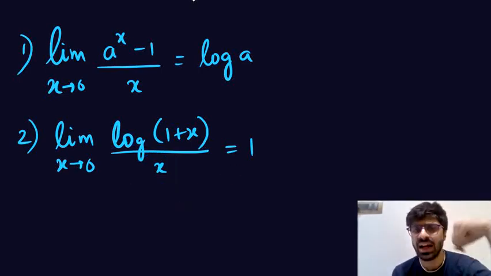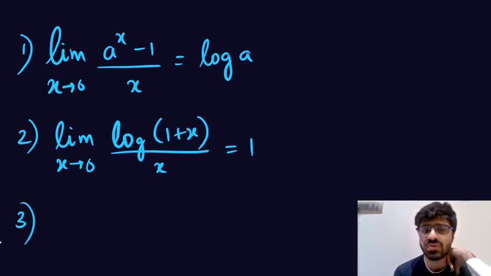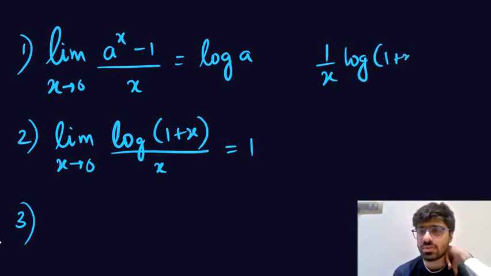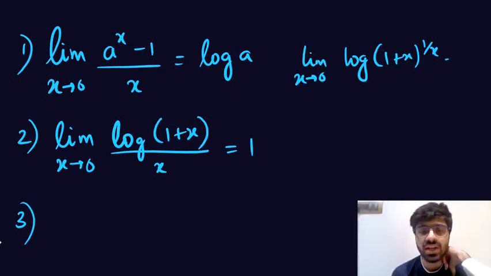That's your second result. And the third result can be derived from this very result. See, log of (1 plus x) the whole upon x can be written as 1 upon x log of (1 plus x). That 1 upon x goes inside the logarithm, so it becomes the power of 1 upon x. We had limit of x tends to 0, and then we had equal to 1.